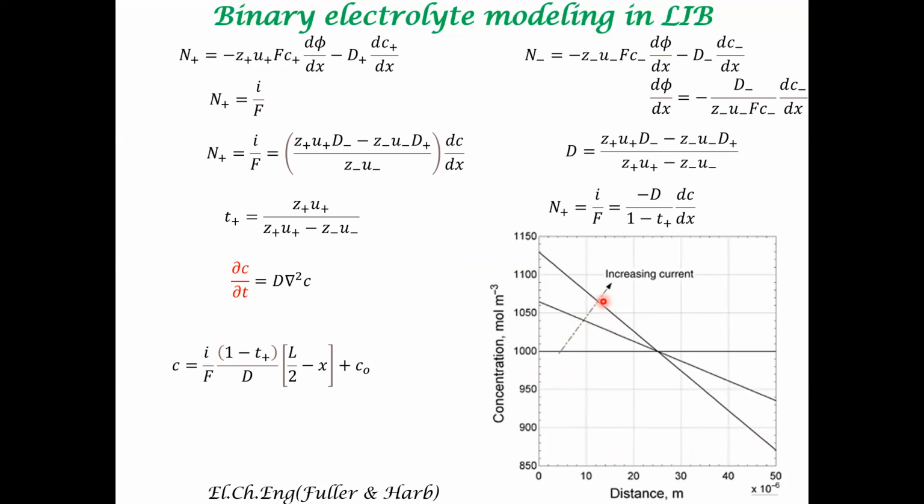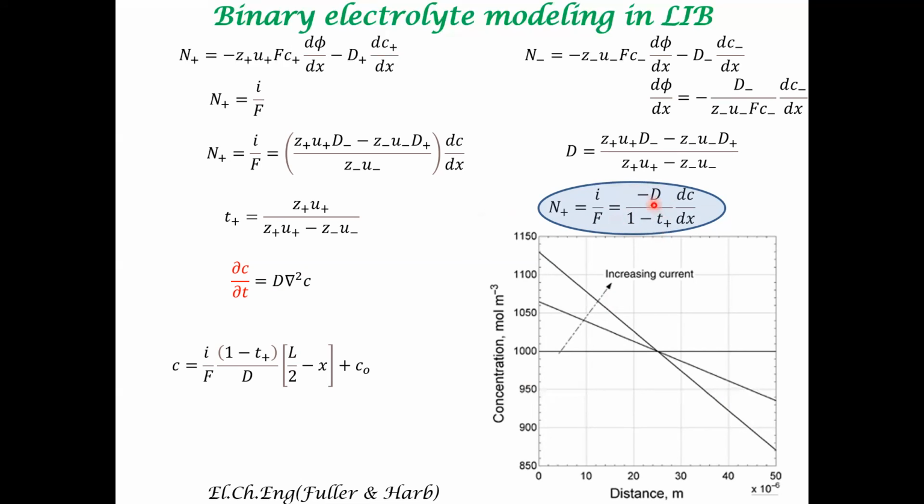There is another thing to be noticed, which is N plus. If you look at this expression, N plus is related to the transference number of lithium plus. If you keep increasing the transference number of lithium plus, 1 minus t plus becomes lesser and lesser, and this term is going to increase.